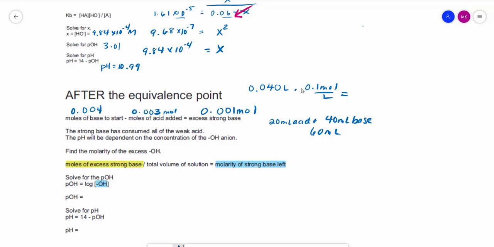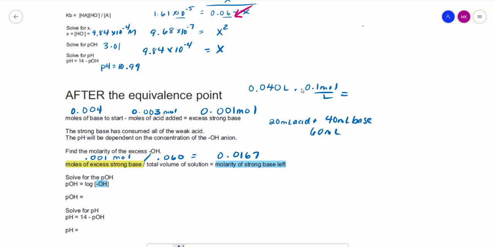So in order to find the concentration of my hydroxide now, I take my excess base, which is 0.001 moles, and divide that by the total volume of solution in liters, 0.06, and I get a molarity of 0.01 and a repeating 6, so I'll call it 0.67.